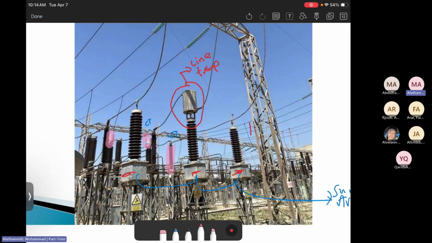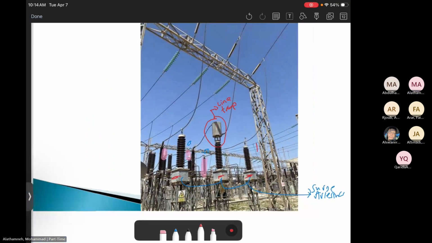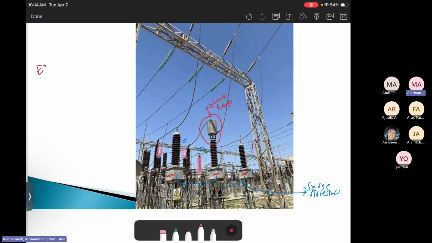What's a line trap? Recall when we discussed the earth wire in the previous chapter, we said there is the regular earth wire, and there is OPGW, the optical ground wire.